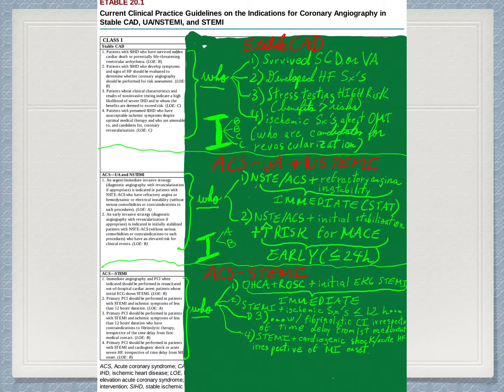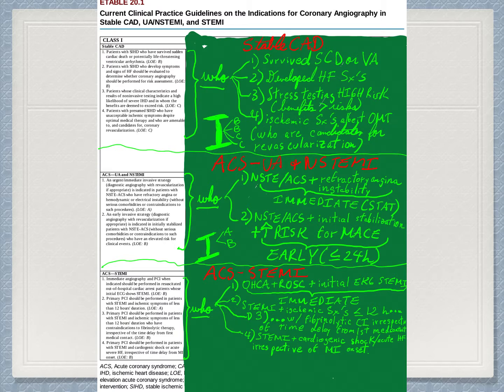Number 2, if the patient has STEMI and ischemic symptoms which have lasted less than or equal to 12 hours, take him or her immediately. Number 3, this same patient with fibrinolytic contraindications, irrespective of time delay from first medical contact. And number 4, STEMI plus cardiogenic shock or acute heart failure, irrespective of myocardial infarction onset.